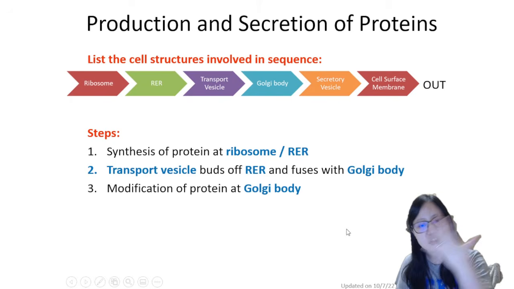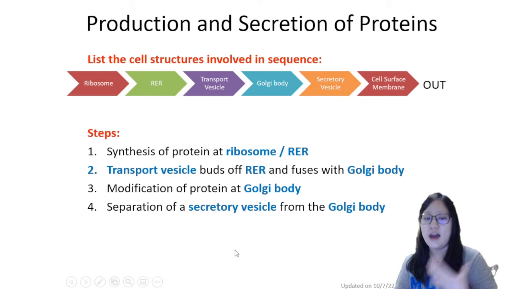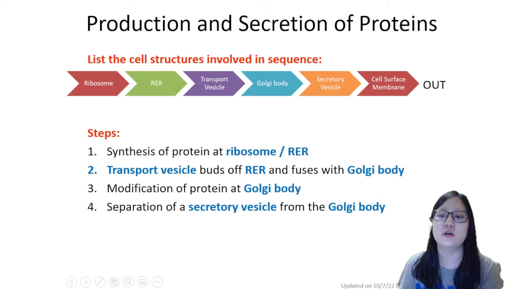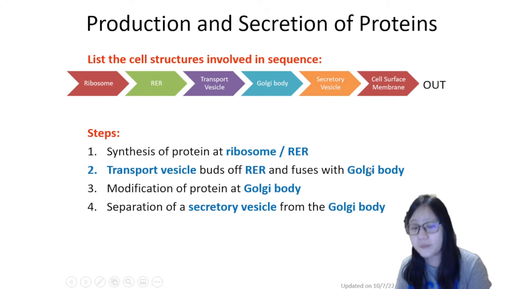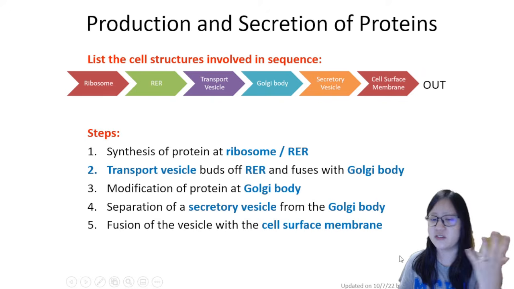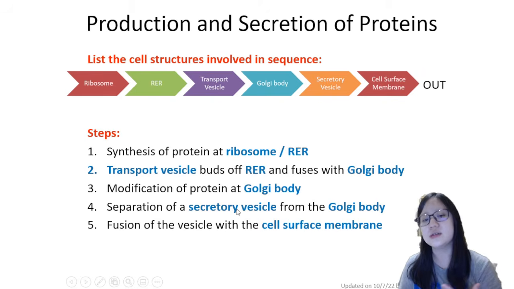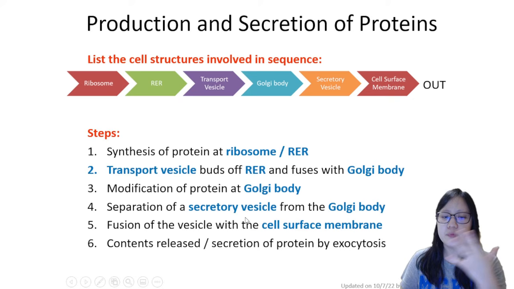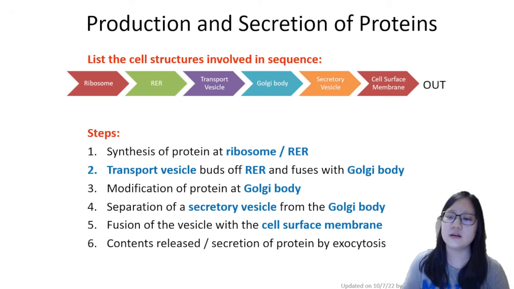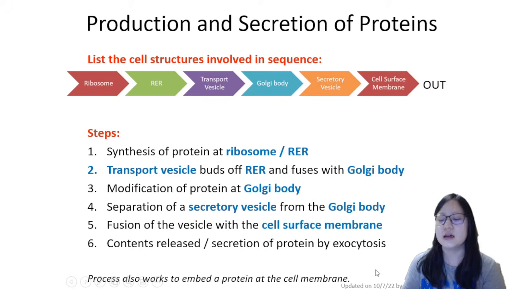There's modification of protein in the Golgi body, and separation of secretory vesicle from the Golgi body can occur after that. And the vesicle can then travel to the cell surface membrane where it fuses, and the contents of the vesicle can then be secreted by exocytosis.